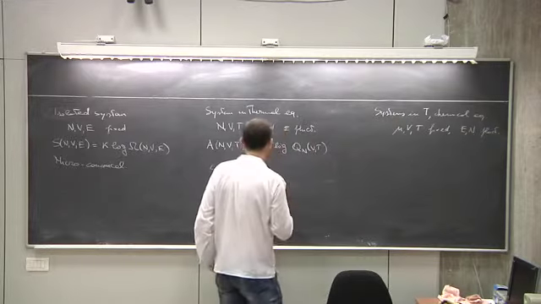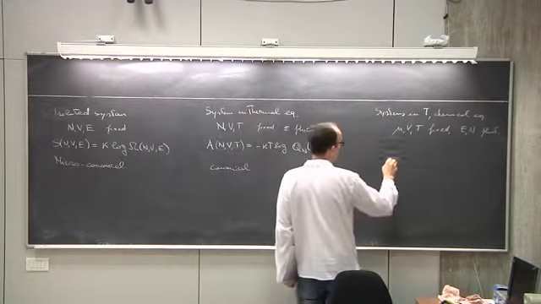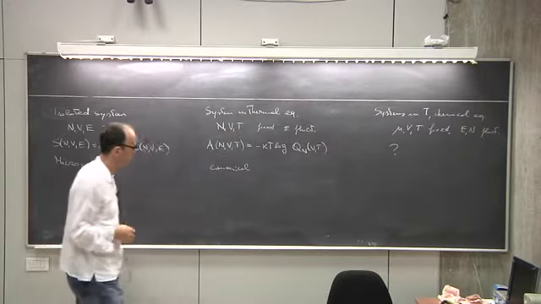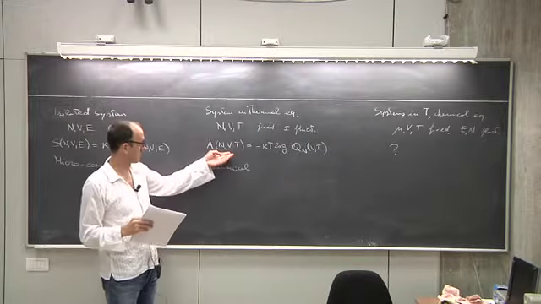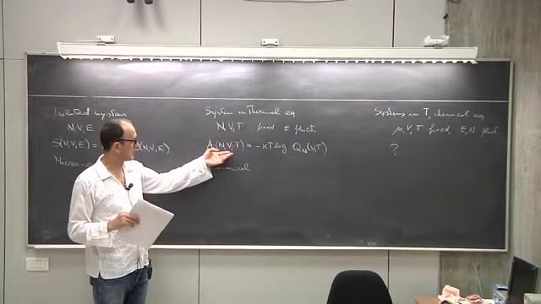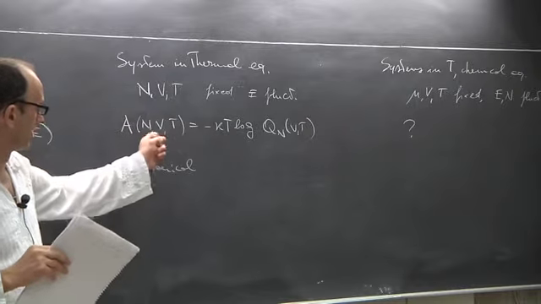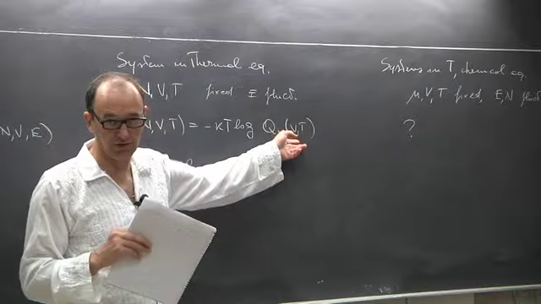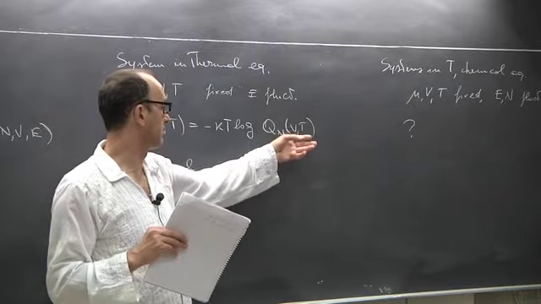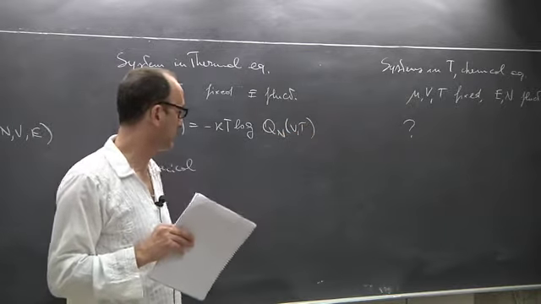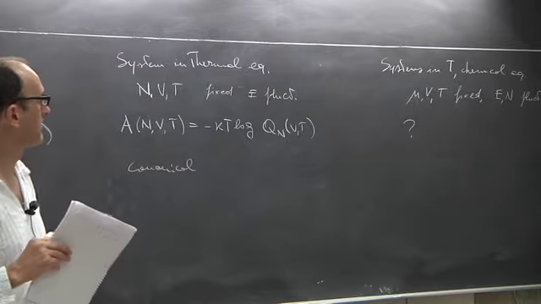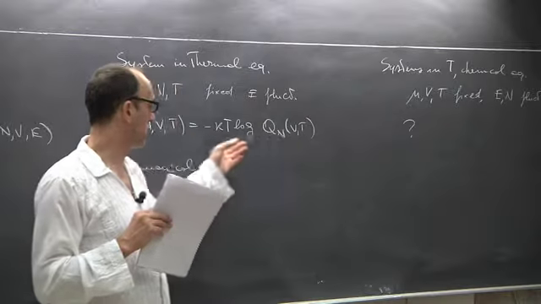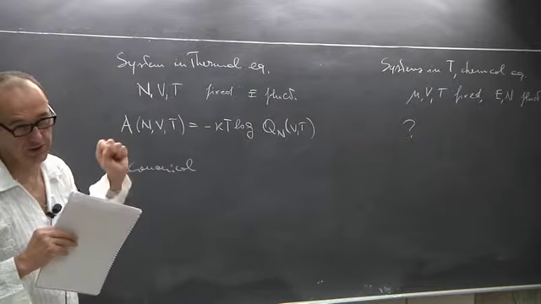And then we ask ourselves what is the analog of the Helmholtz free energy, and more importantly, what is the analog of the partition function? So, what is the quantity that we should compute from the microscopic dynamics of the particles, which will allow us to derive the thermodynamics?